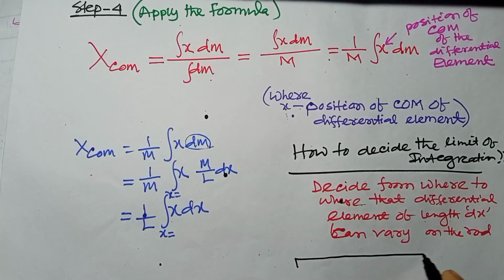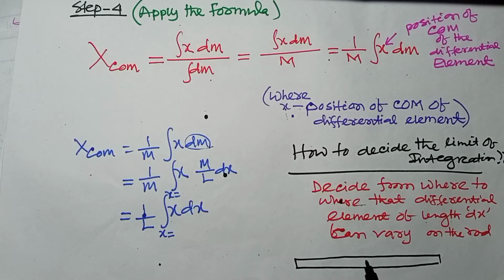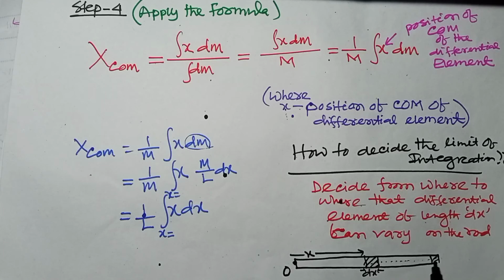So let's say this is the rod, and this was the origin, and at a distance x we have considered the element of length dx. Now this differential element can go up to here, or it can go up to this position.